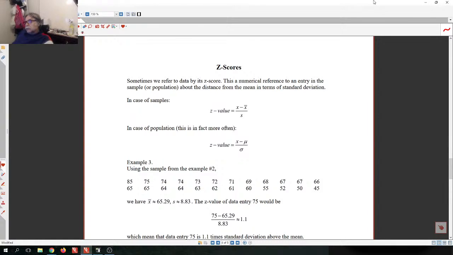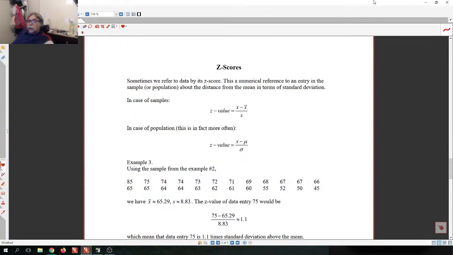If you're 2 standard deviations above the mean, your z-value would be 2. If you are 1 inch above the mean, the z-value would be 1/3, because you're 1/3 of a standard deviation above the mean.